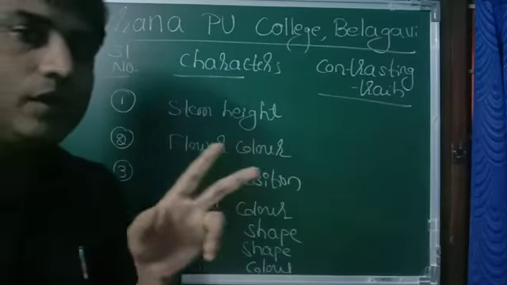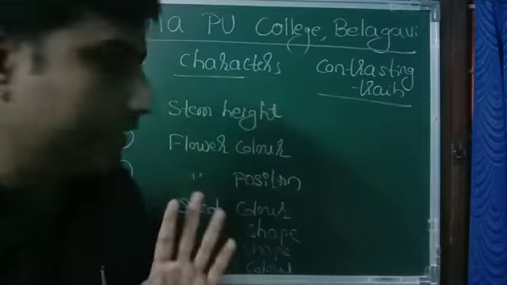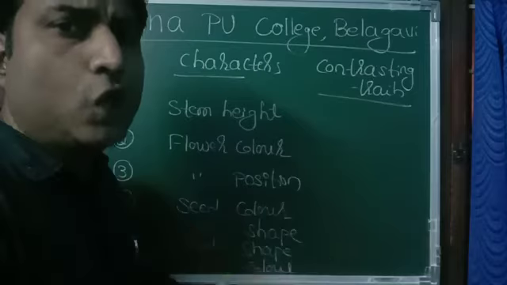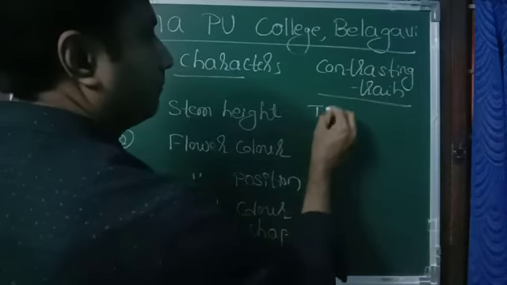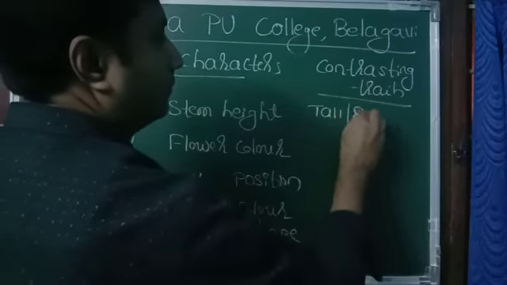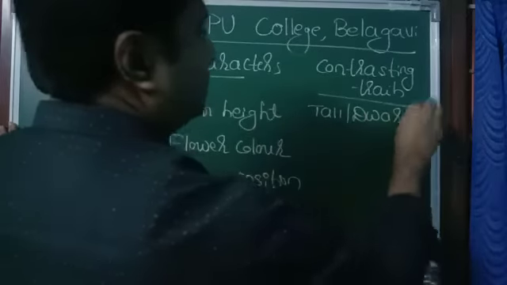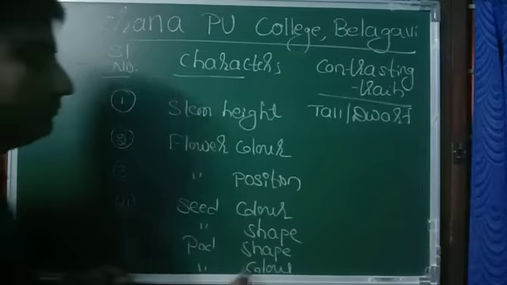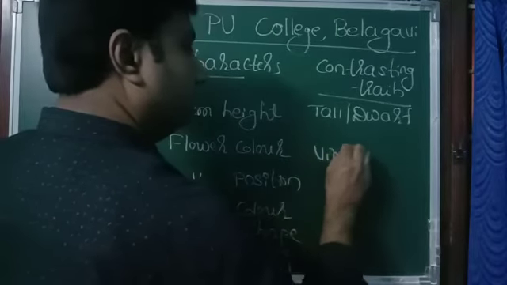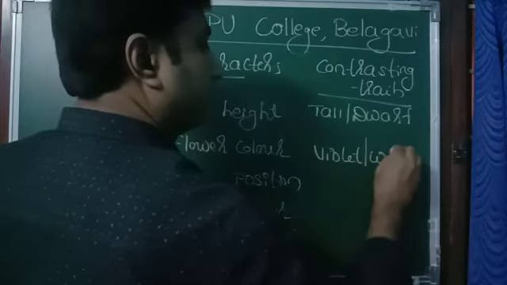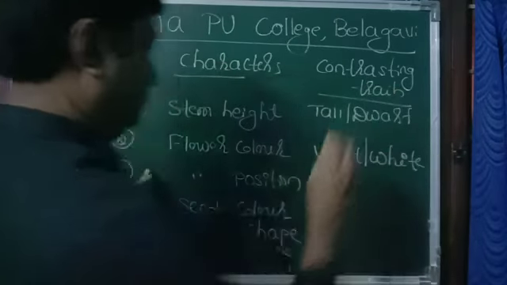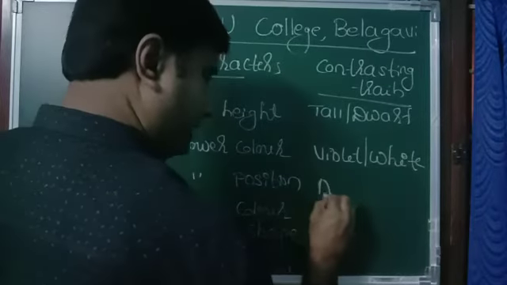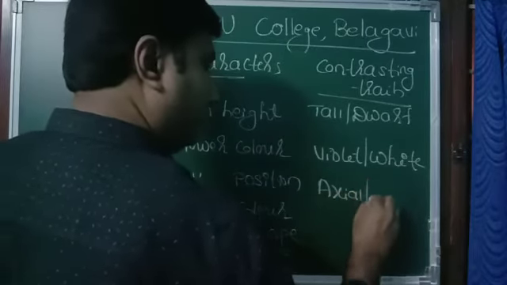Now for each character, there will be 2 contrasting traits. Like stem height, that is height of the plant: tall or dwarf. Flower color: violet or white. Flower position: axial or terminal.